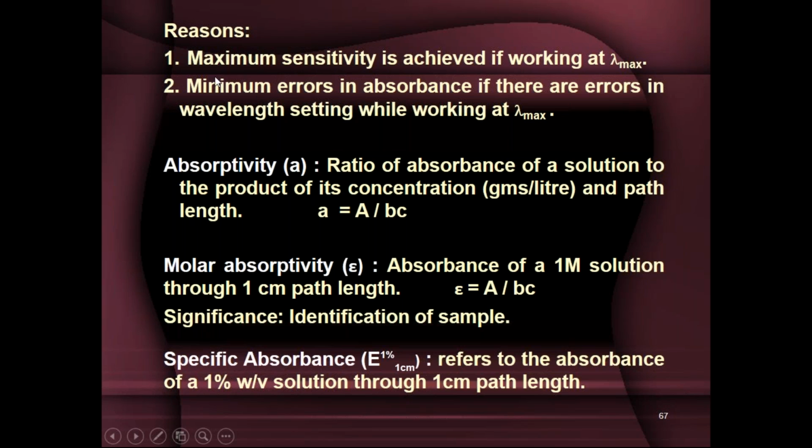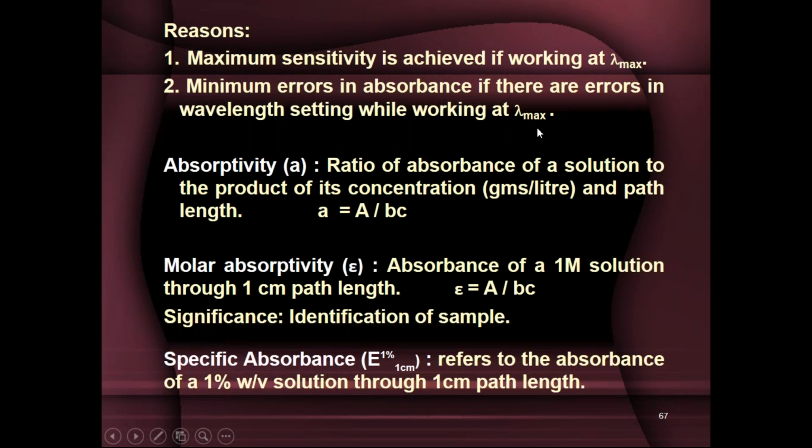Secondly, in quantitative analysis, we use lambda max preferably because minimum errors in absorbance occur even when there are errors in wavelength setting. When you have errors in wavelength setting, say instead of 220, you are putting 221, it is a very small error.